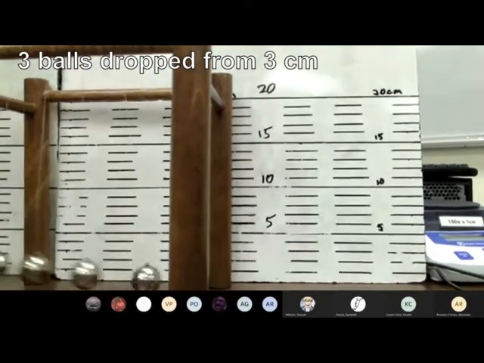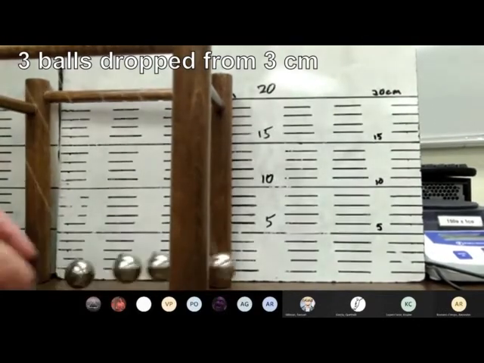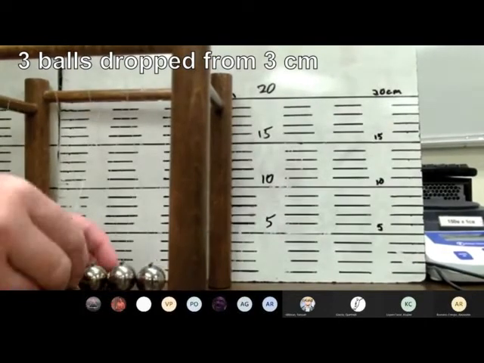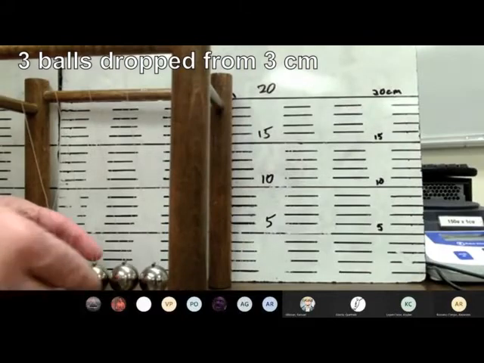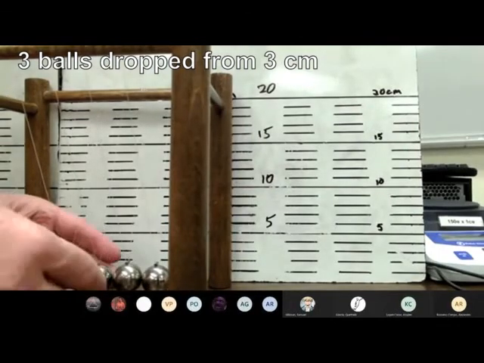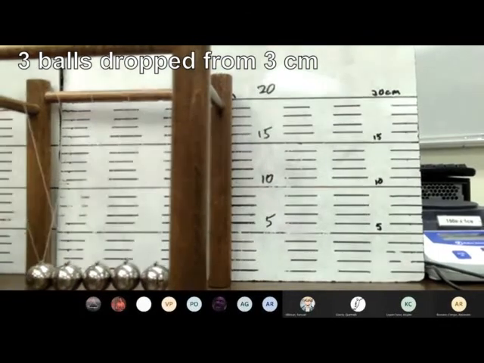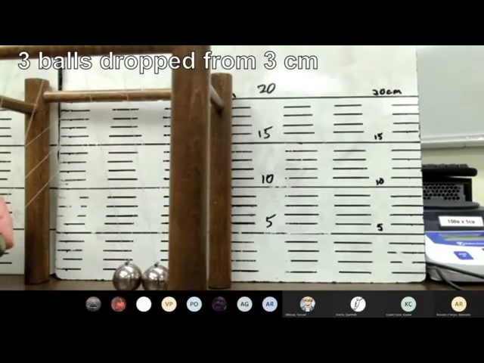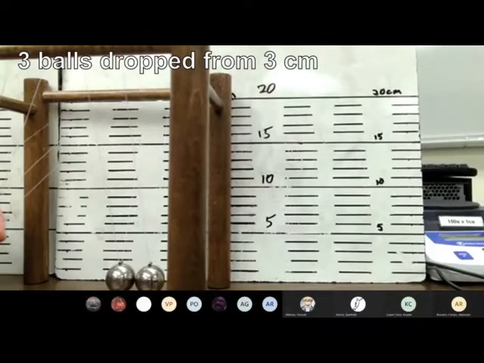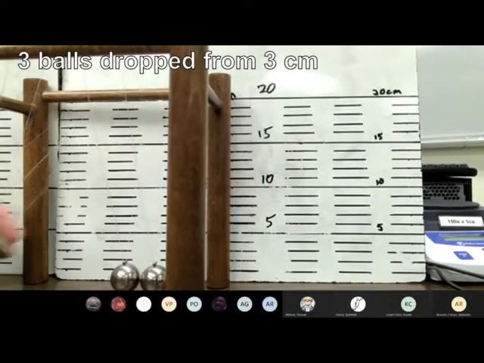So if it looks like a funny bounce, you can skip it. Sometimes I've even seen these balls end up getting tangled around each other. So that would not be a good measurement if that happened. Three balls from 3 centimeters. 3, 2, 1.